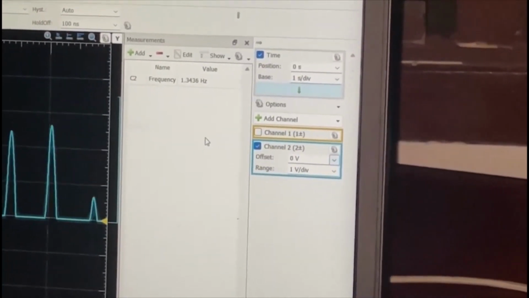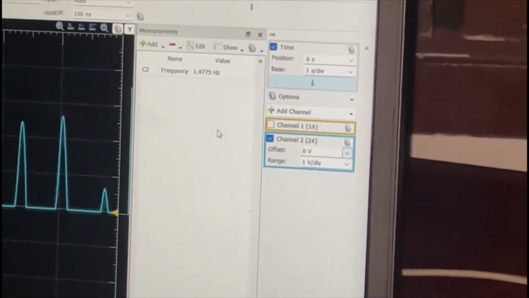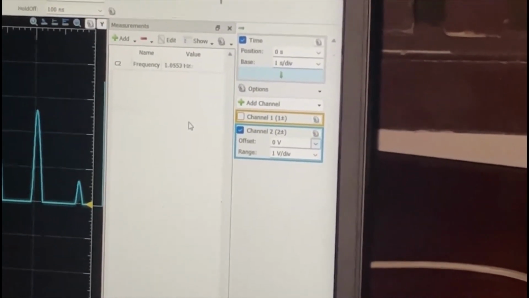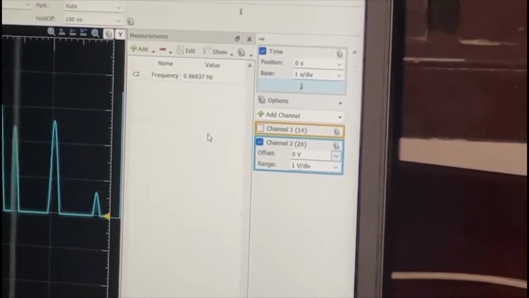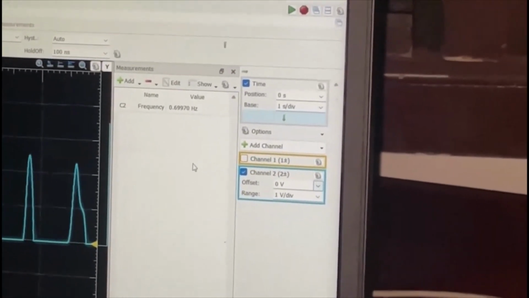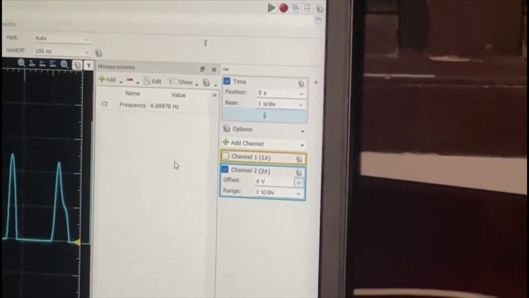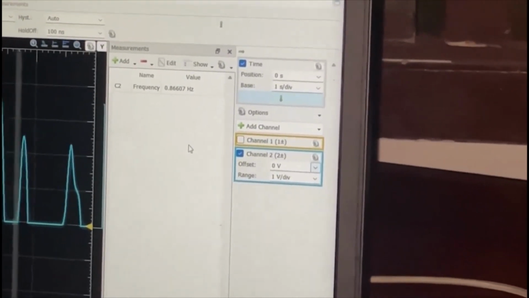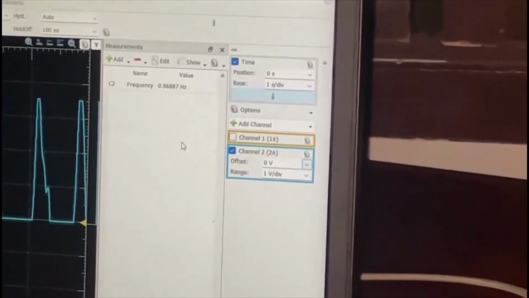That's where it gets stabilized. So we are going to use the 1.2938 and multiply it by 60, because 1 hertz gives us 60 beats per minute. So to get the beats per minute, you have to multiply it by 60.